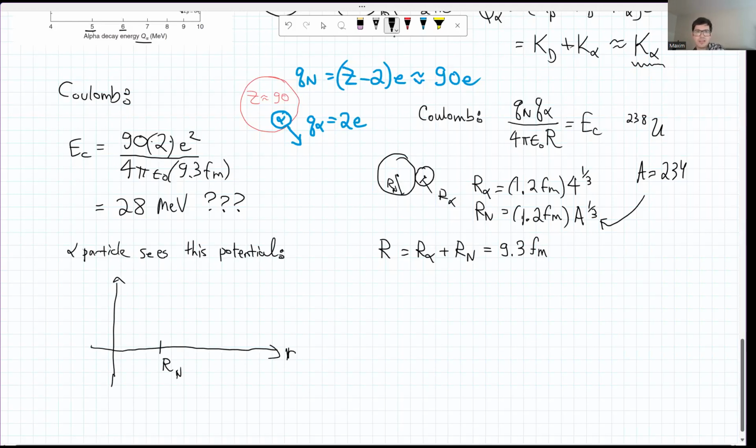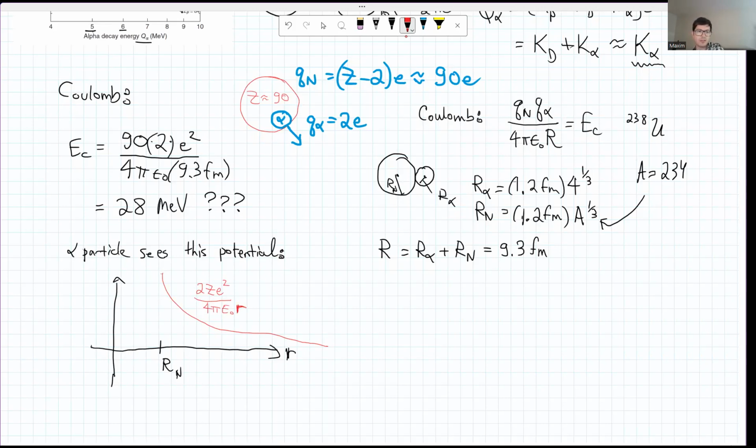Well, we know that outside the nucleus there's this Coulomb potential. It looks like 2Z e squared over 4 pi epsilon 0 little r, the distance between the nucleus and the alpha particle.